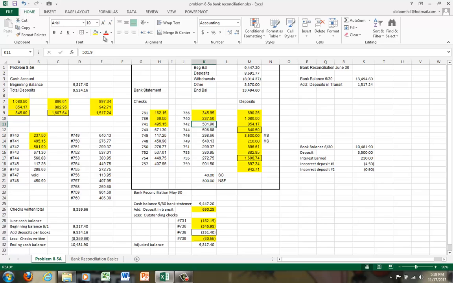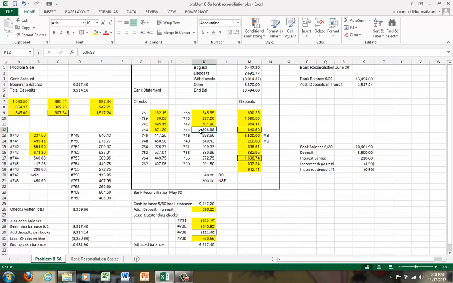Those match. We can tick those off. 743, 671.3 matches 743, 671.3. And sorry, there really isn't a shortcut to this. Even if you do this on a computer, you have to check off all of the checks that have settled one by one.